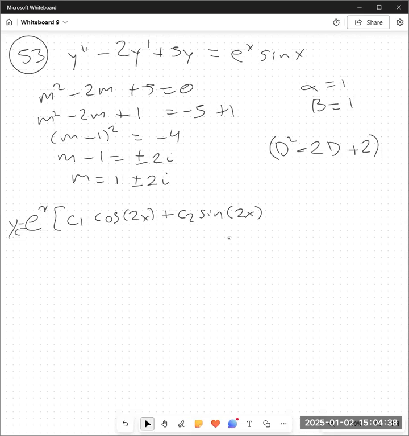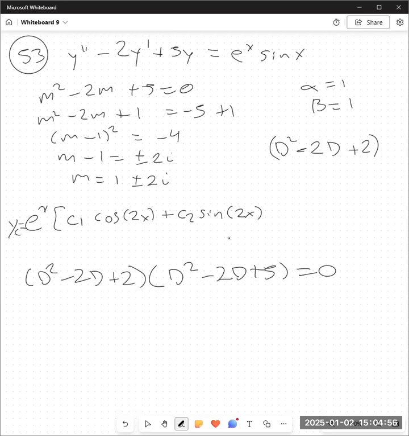And so this is going to be d squared minus 2d plus 2 times d squared minus 2d plus 5 is going to be equal to 0.